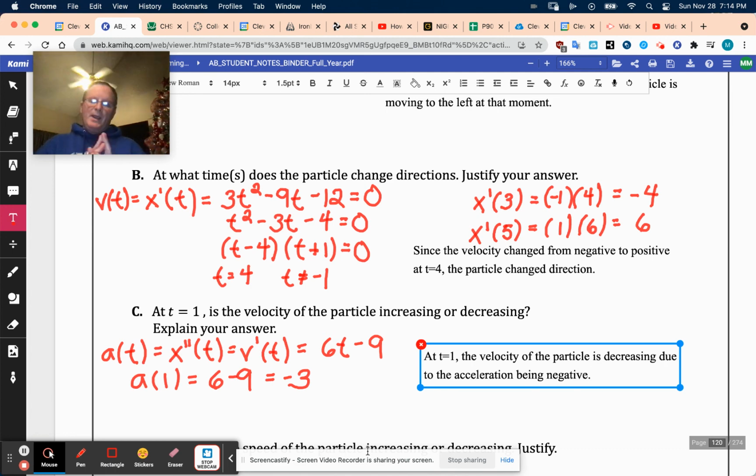You can say that a bunch of different ways. You could say because the derivative of the velocity is negative. You could say the second derivative of the position is negative. All those things are saying the same thing. But when I hear of the particle, whether it's increasing or decreasing, I immediately think of acceleration. All right. So B and C, we'll pause right there.